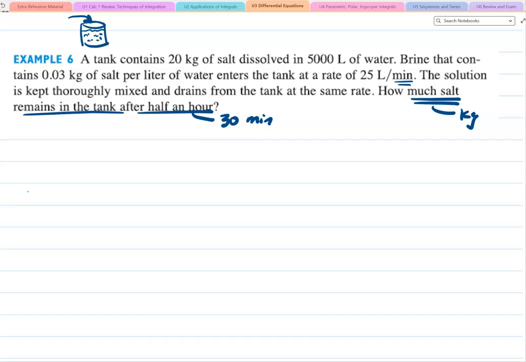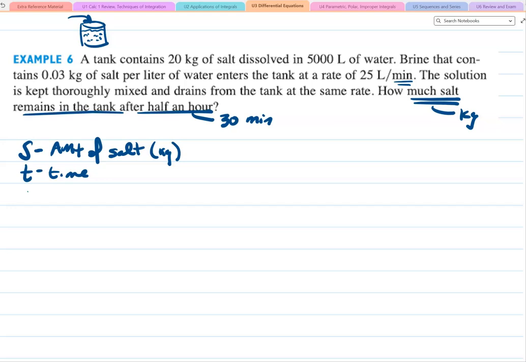All right, so with a little bit of focus, I think we can start setting this up. So I'm going to say that S stands for the amount of salt in kilograms. And I'm going to let T represent our time in minutes.